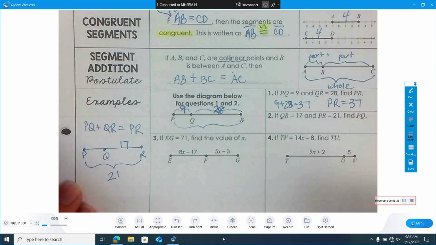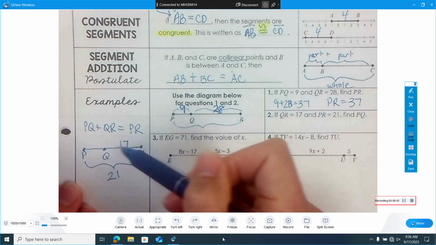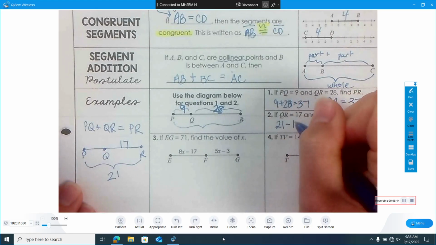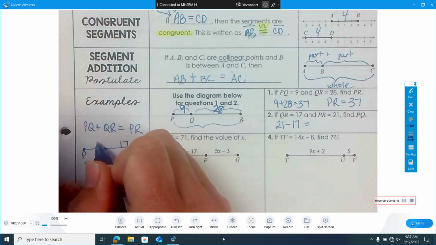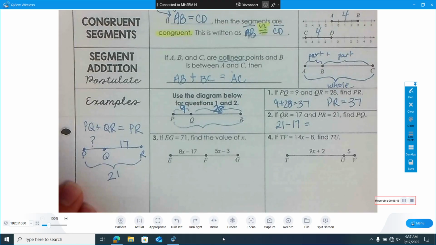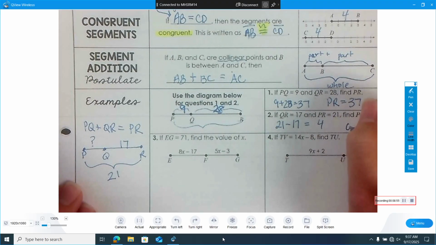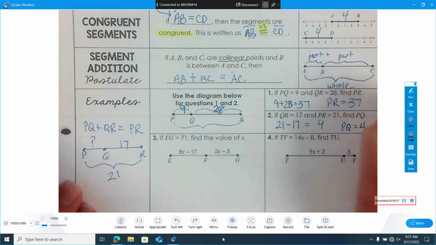How'd you get 4? So we have the whole thing, and if I subtract 17, that's going to give me this leftover bit right here. Does that make sense to you? Easy with numbers, right? Super easy with numbers. So we get 4. So PQ is equal to 4.